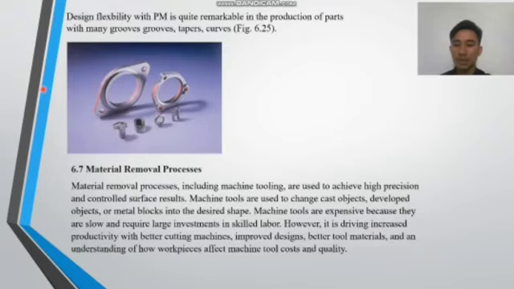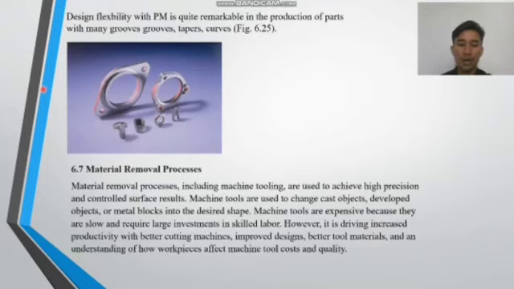Next, 6.7 Material removal processes. Material removal processes including machine tooling are used to achieve high precision and controlled surface results. Machine tools are used to change cast objects, shaped objects, or metal blocks into the desired shape.